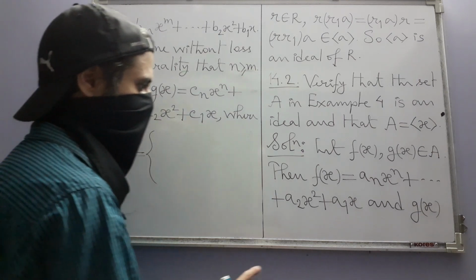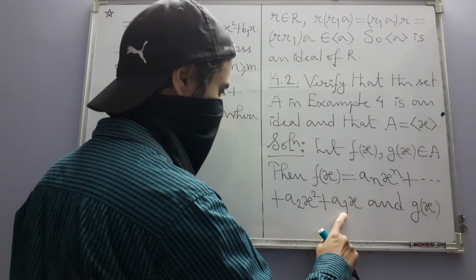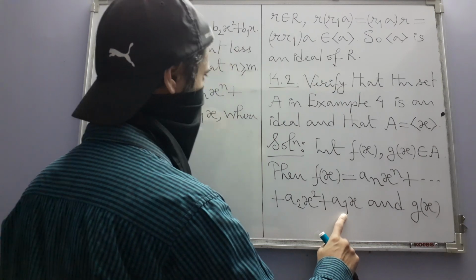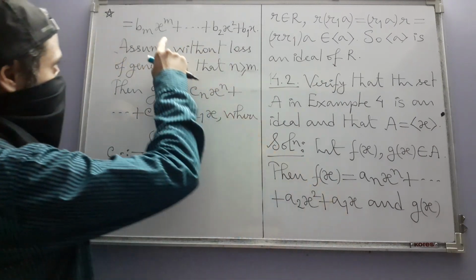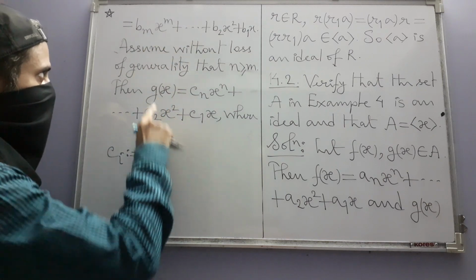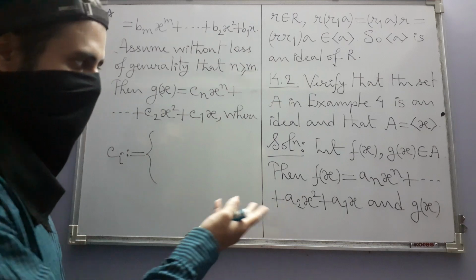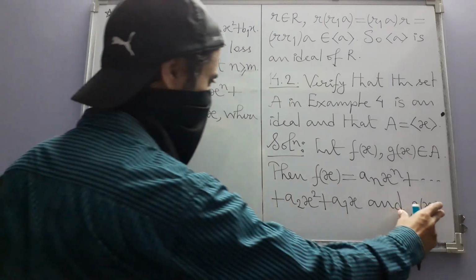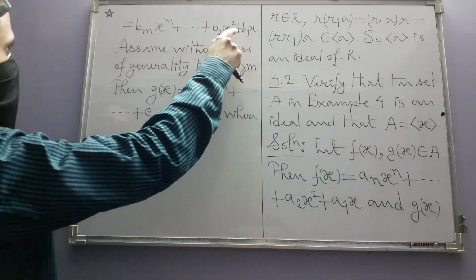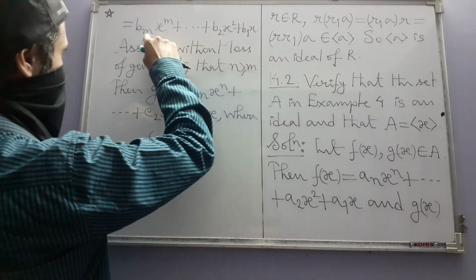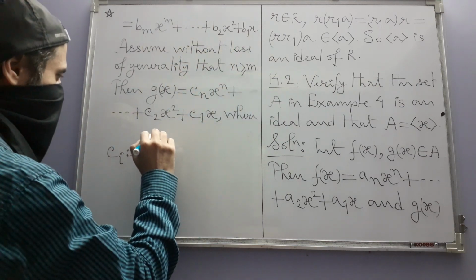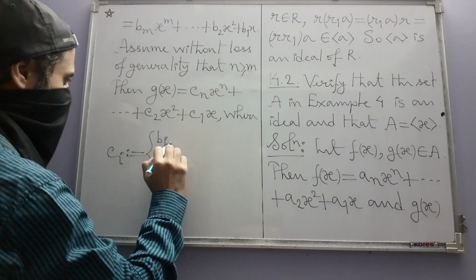When your i lies between 1 and m, then your ci is just bi, right? Because that's what g is here. If your i lies between 1 and m, then ci is defined to be just bi.